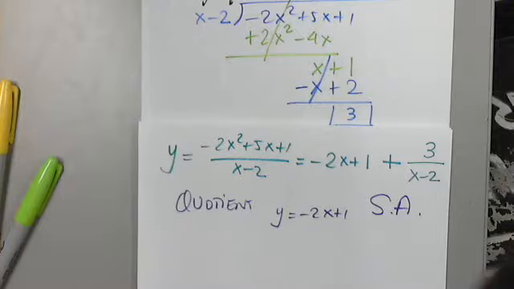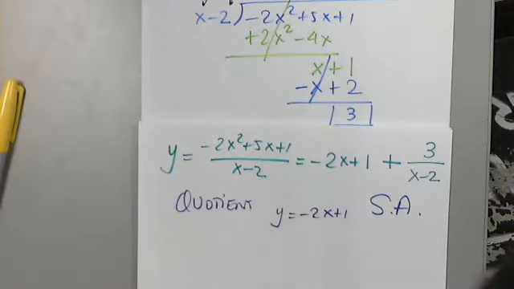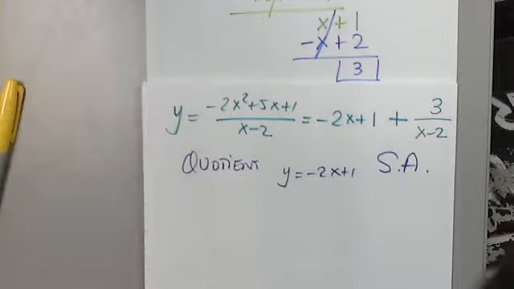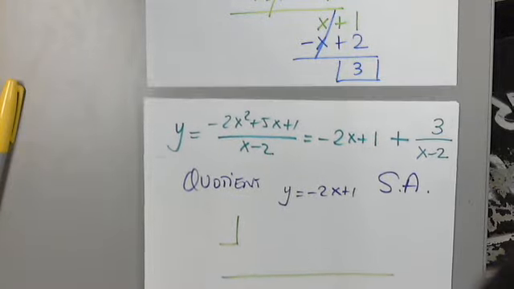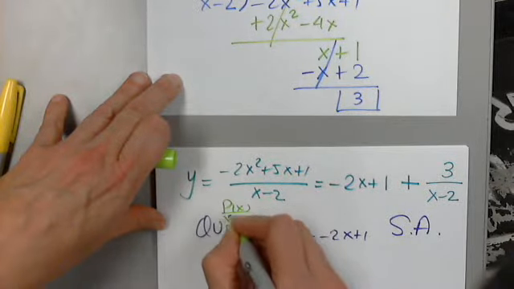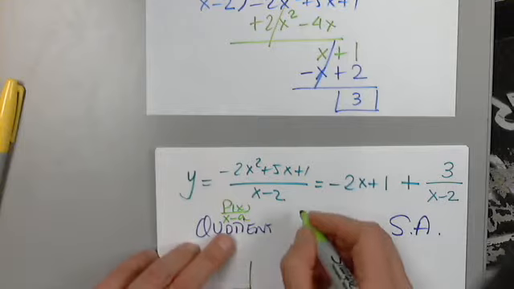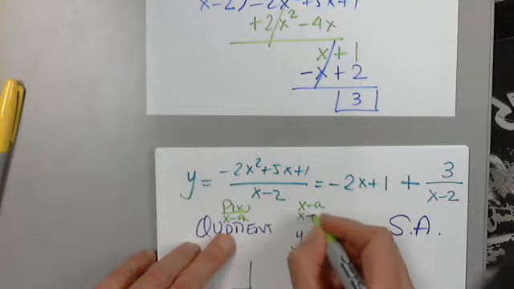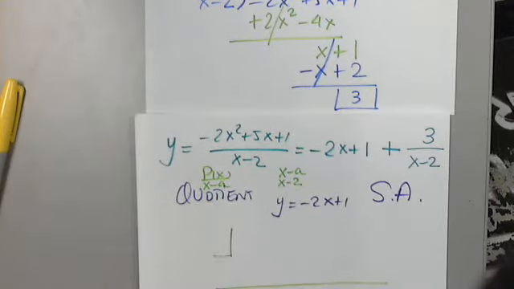Now let's use synthetic division. The algorithm for synthetic division requires us to identify A. So let me remind you, P of x divided by x minus A. When I compare x minus A to x minus 2, I know exactly that A must be 2, and I put it in the box.